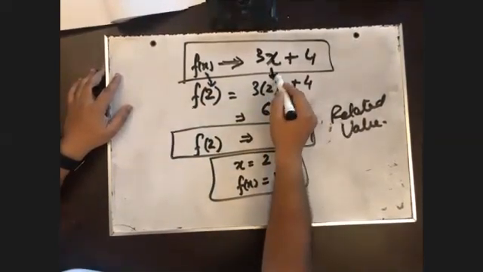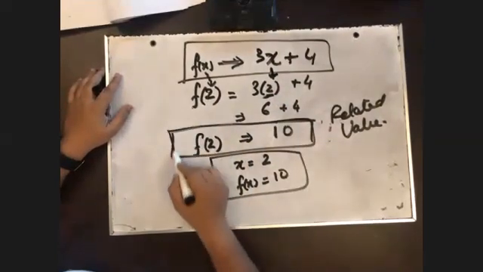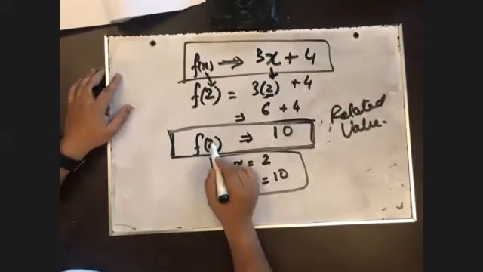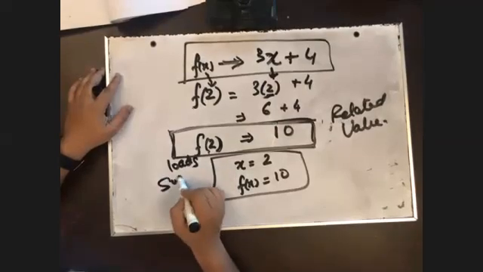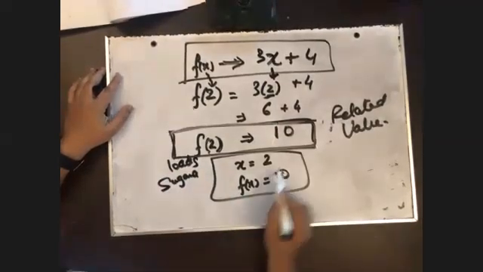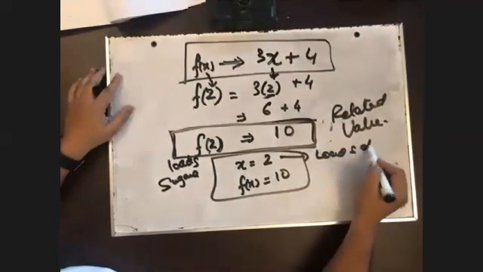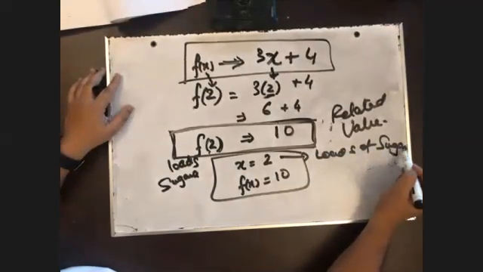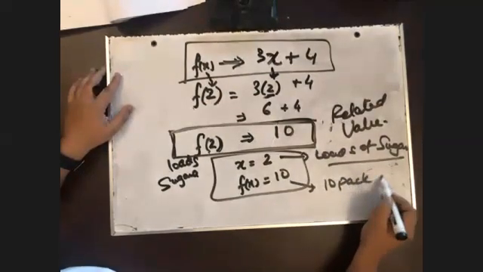You give x the input 2, and it does some processing, and you get 10. So if you put 2 loads of sugar cane as the raw material, you get 10 packets of sugar.